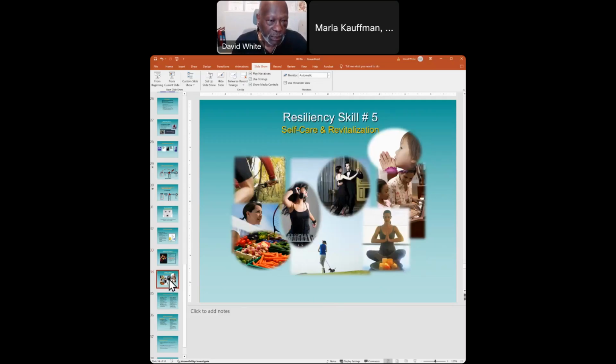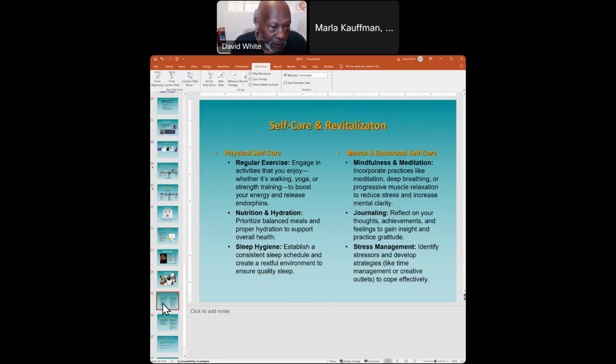And lastly, the last resilience skill is self-care and revitalization. If you look up any place on the net, you can find some things about what to do for self-care and revitalization. There's physical self-care, there's emotional and mental self-care.